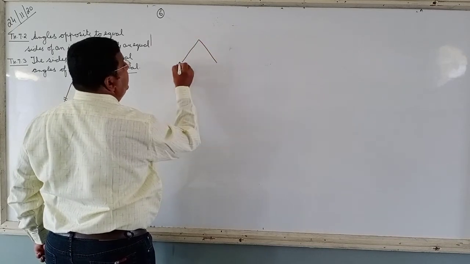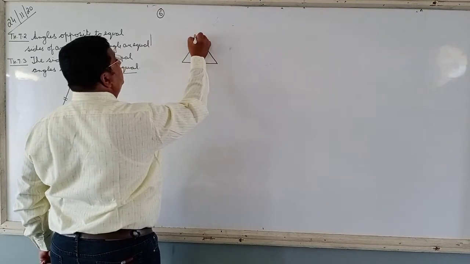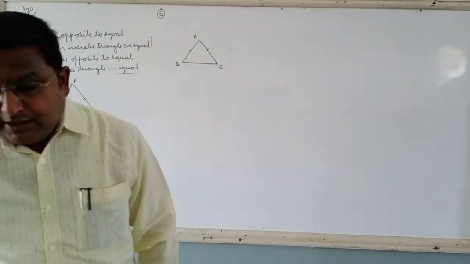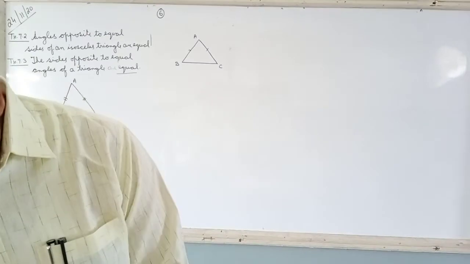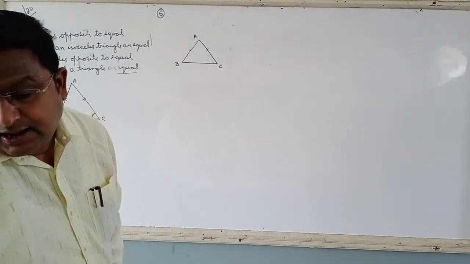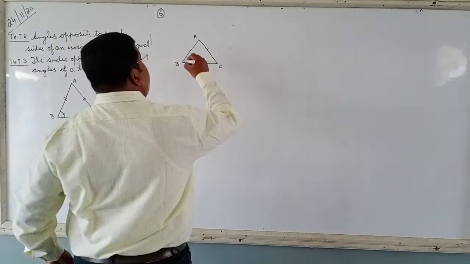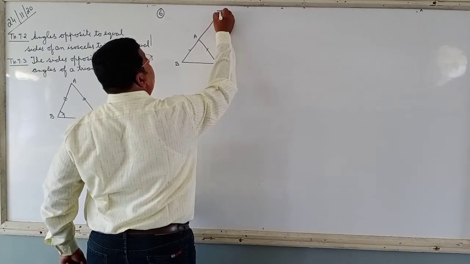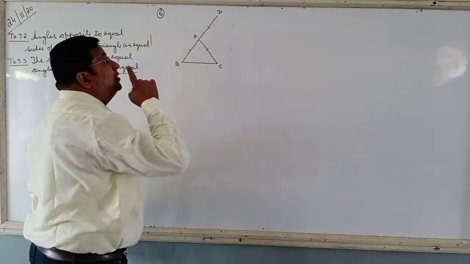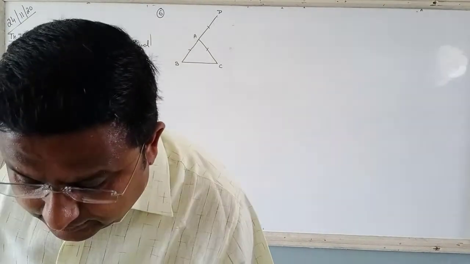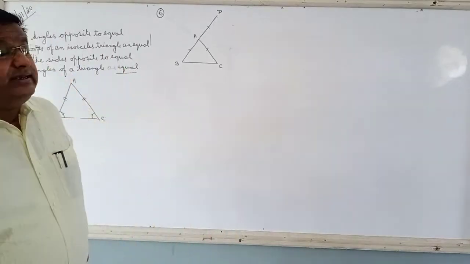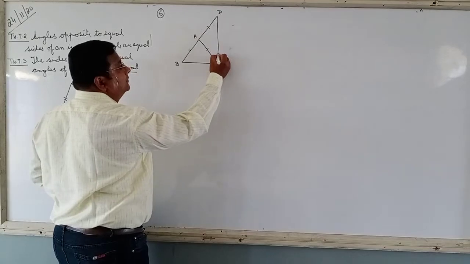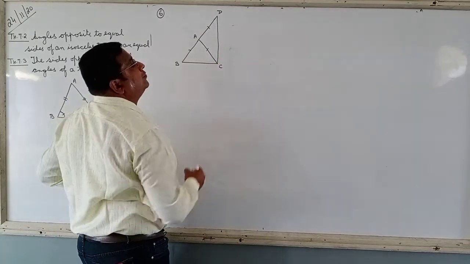Then he says side BA is produced to D such that AD is equal to AB. Then show that angle BCD is a right angle. This angle we need to prove 90.